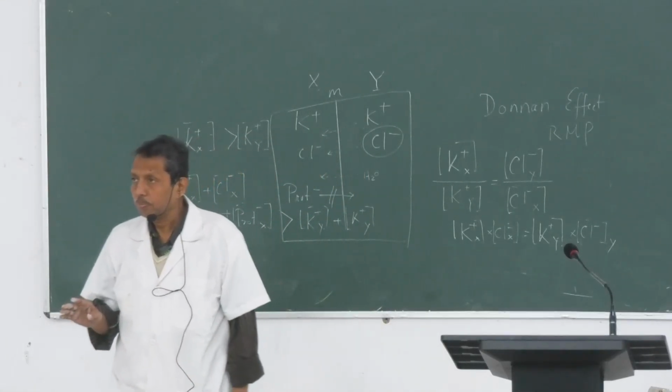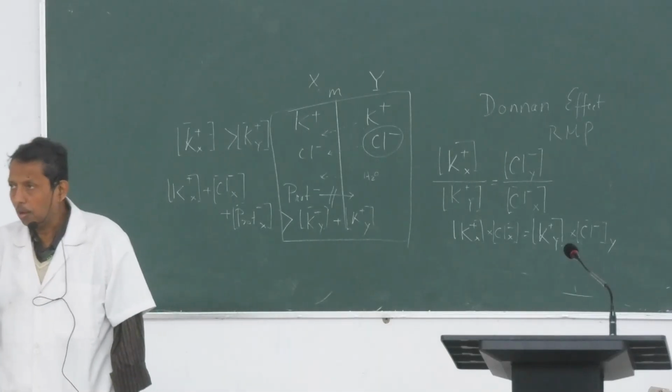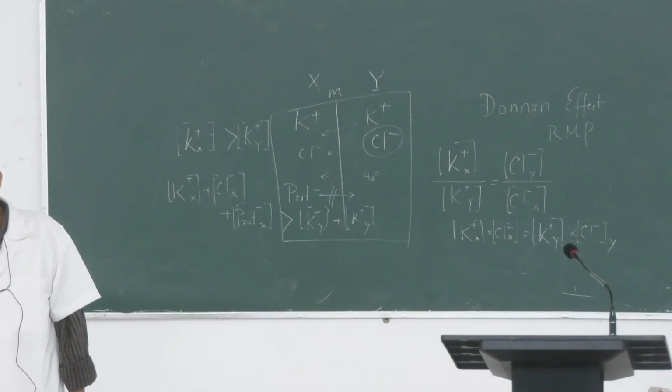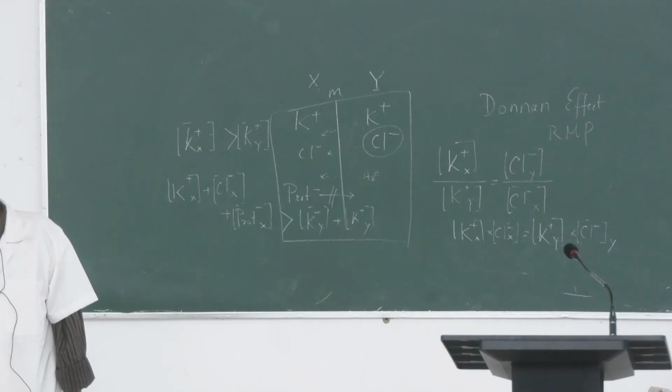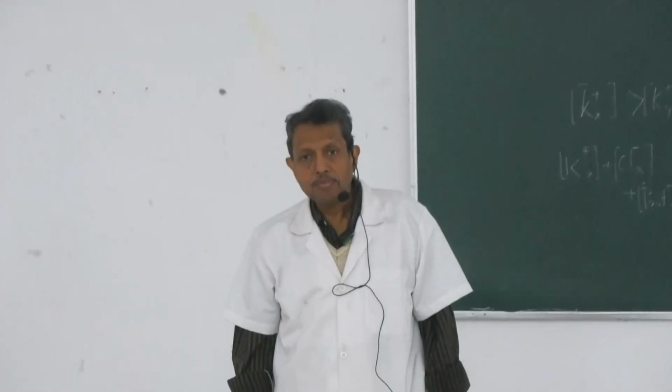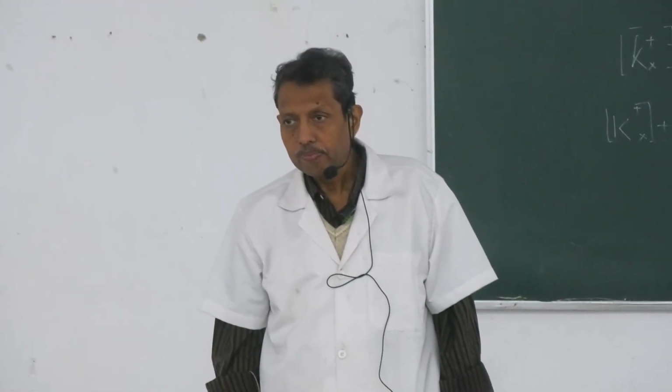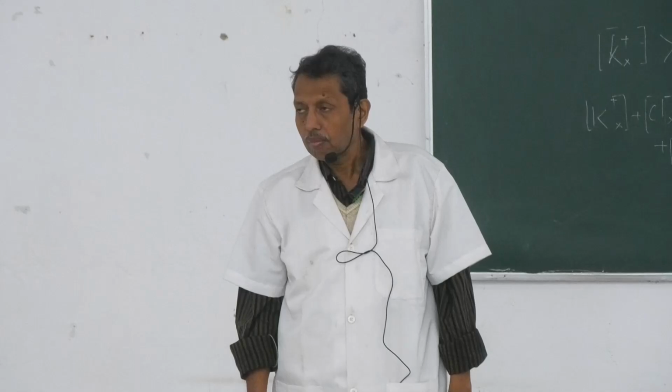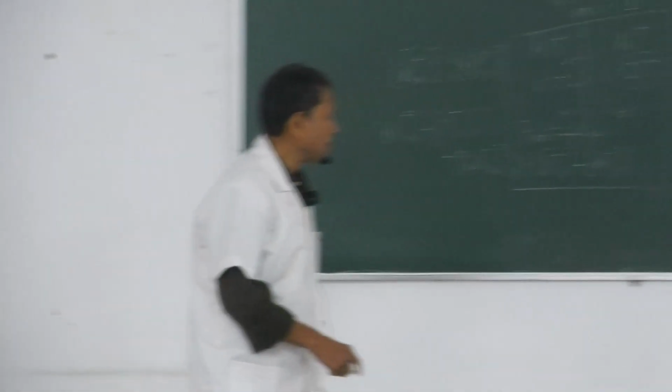You can remember, if the area of a square is equal to that of the rectangle, then the perimeter of the rectangle will be always more than that of the square. You know that.